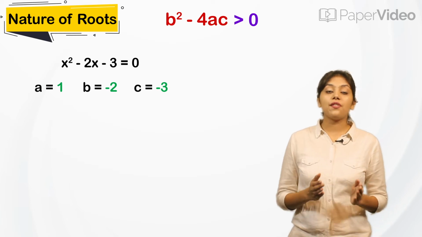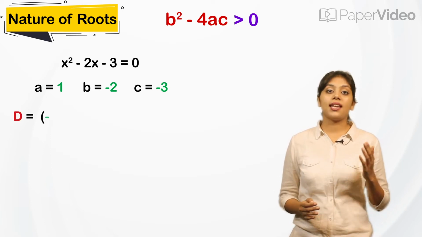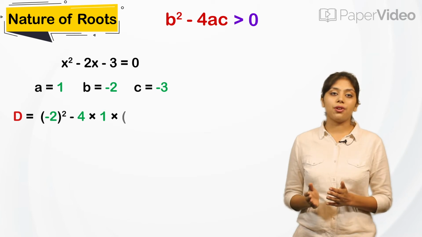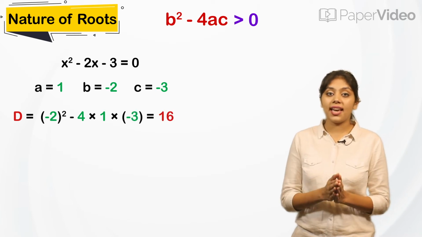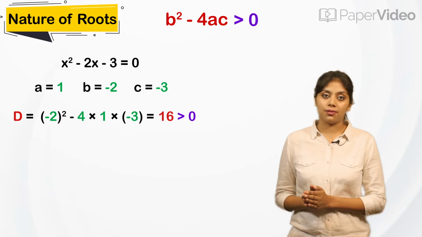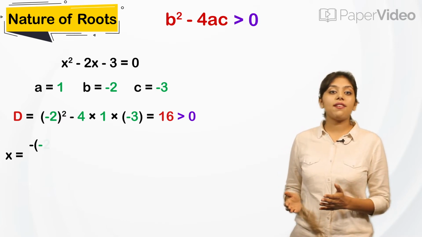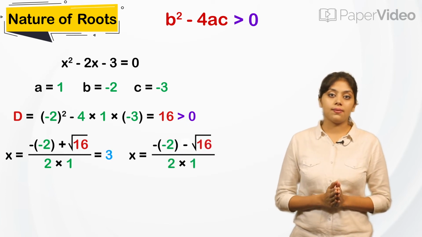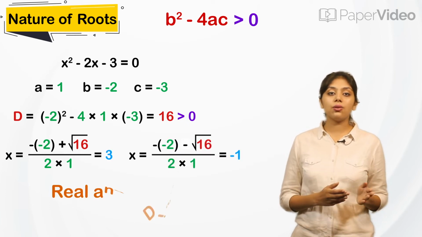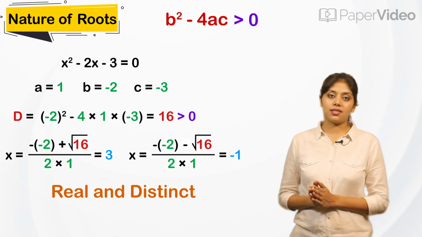So, value of discriminant is equal to negative 2 square minus 4 into 1 into negative 3. On solving this, we get 16, which is greater than 0. So, using the value of discriminant, we can find two roots of the quadratic equation. And we can see that the roots are real and distinct numbers.